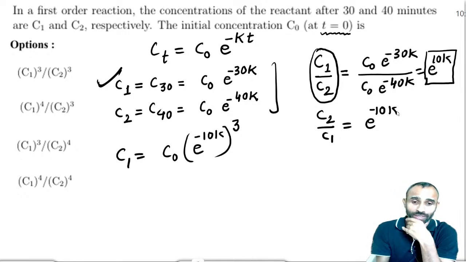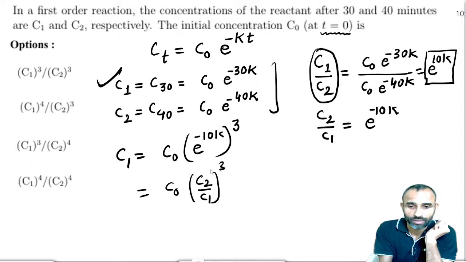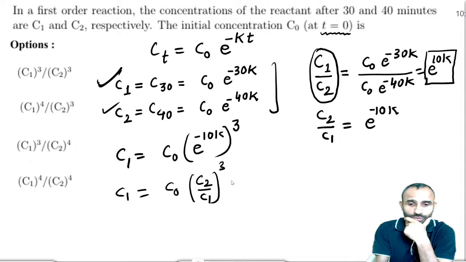Okay. So now instead of e raised to power minus 10k, just put this value. C2 by C1 raised to power t equal to c. You can put it in the first or second, up to you.